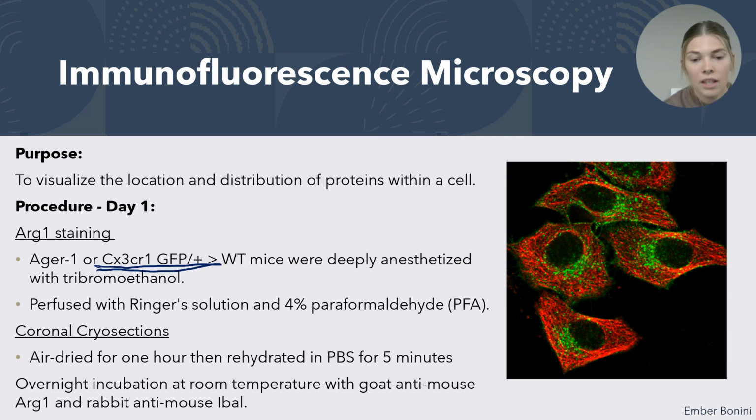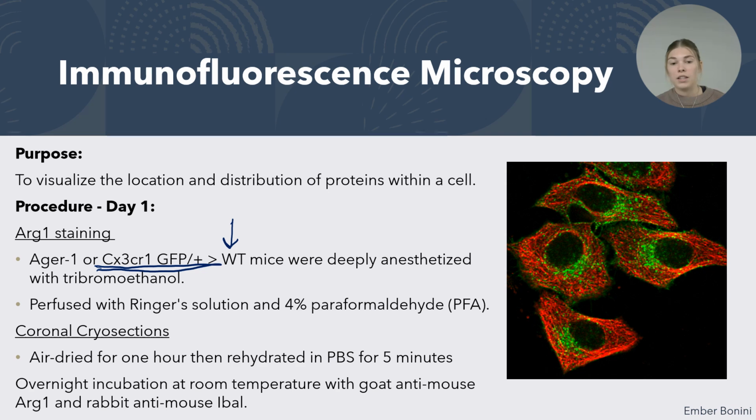And then it's looking into the WT mice, and that WT, which is right there, just stands for wild type. The first step of this is putting these wild type mice into anesthesia through tribromoethanol.